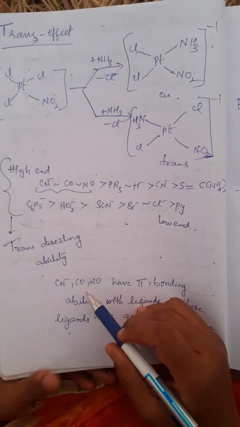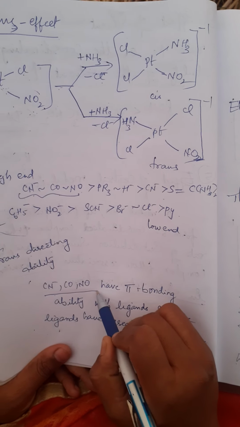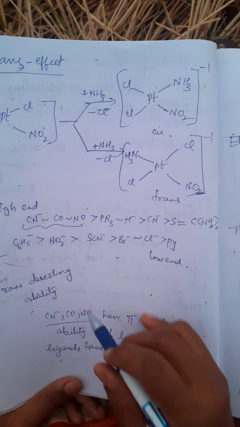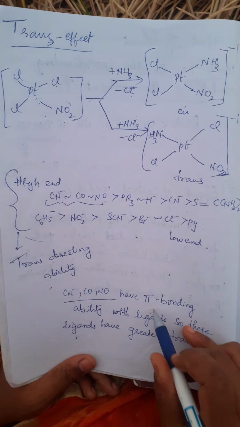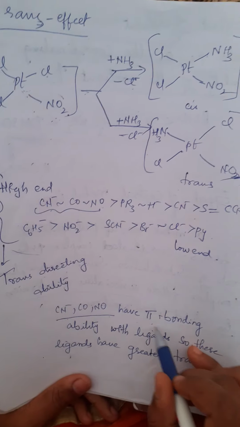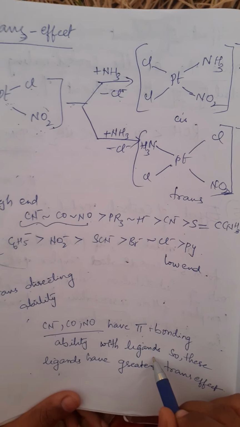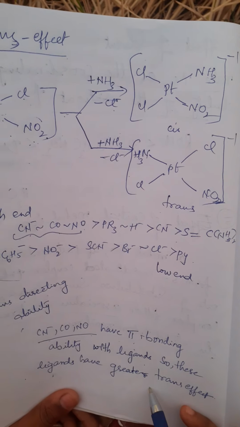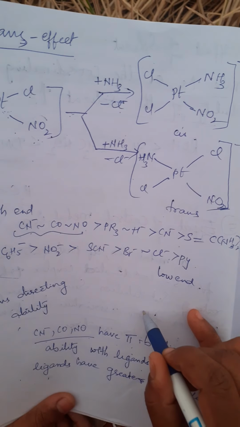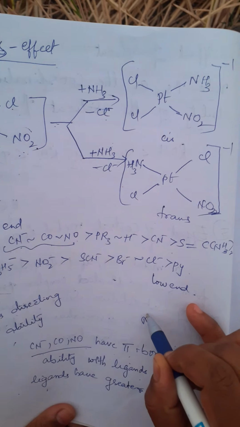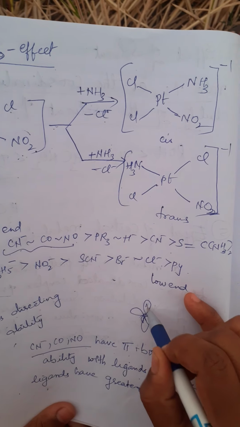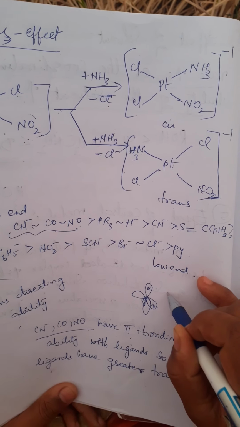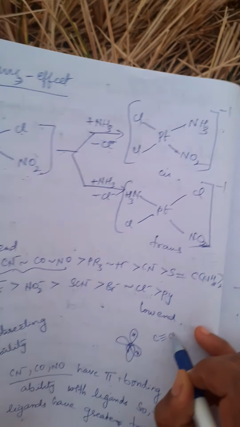Why do cyanide, carbon monoxide and nitric oxide have a high trans effect? Because they have pi bonding ability with the central metal. So these ligands have a greater trans effect. Suppose a metal has d orbitals, the electron density present in the central metal can be accepted by, say, carbon monoxide.